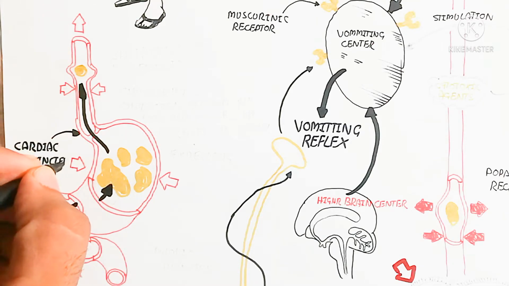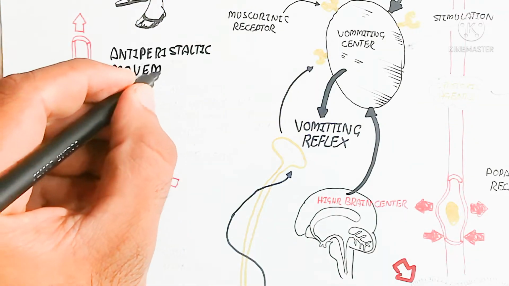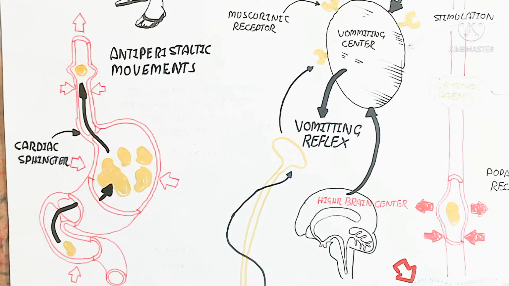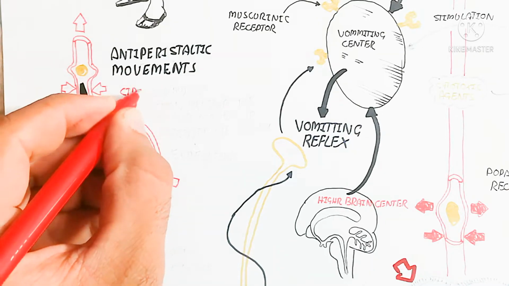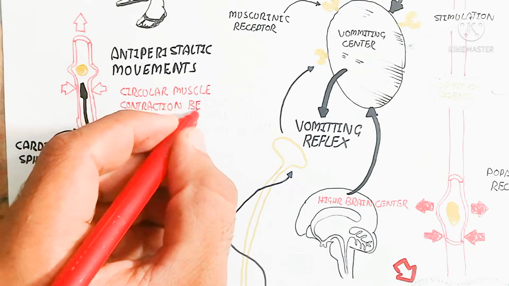It is known as the anti-peristaltic movement. This is the circular muscle contraction behind the food, moving it up against gravity and expelling the food outside into the environment from the oral cavity.